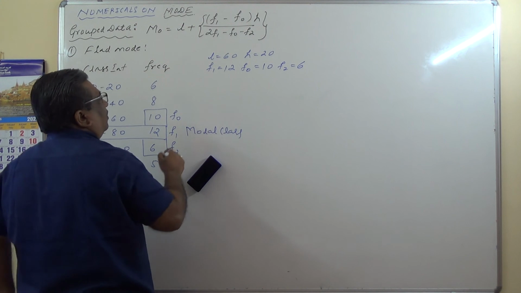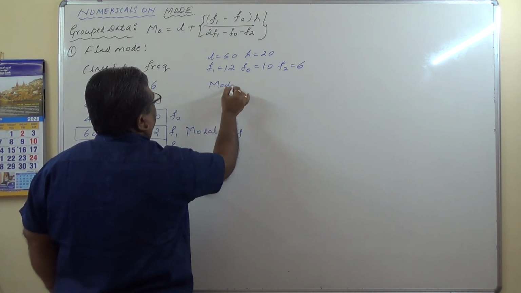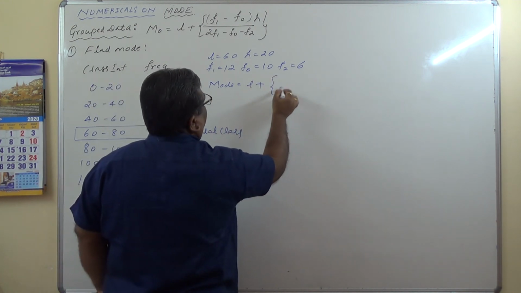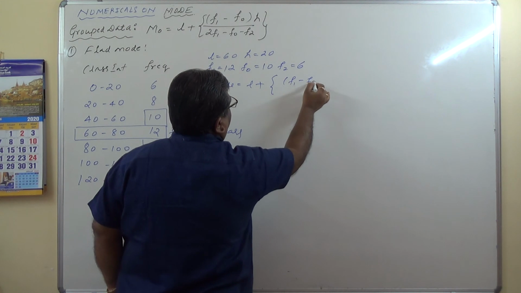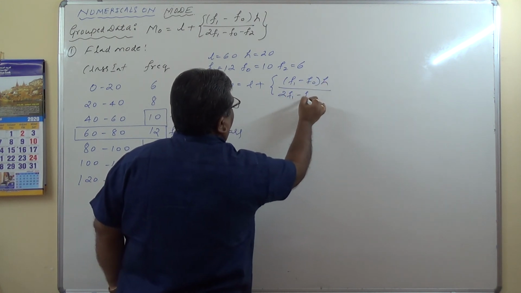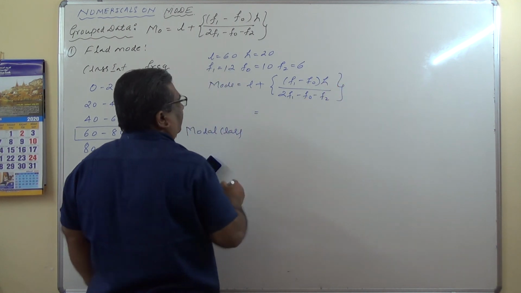Okay, and therefore formula: mode equals L plus, into bracket, F1 minus F0, into H, the whole divided by 2F1 minus F0 minus F2, which is equal to mode.